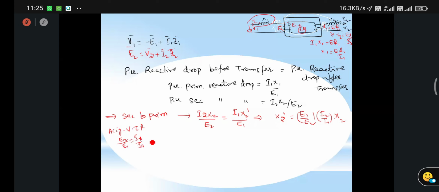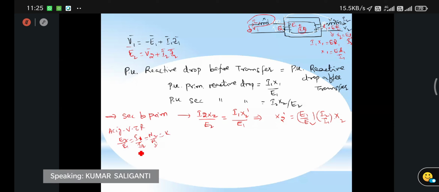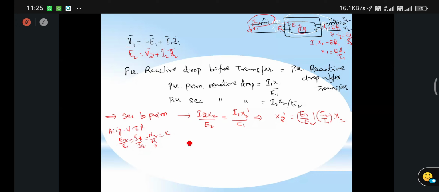N2 by N1 is equal to K. So E2 by E1 equals K and I1 by I2 equals K. But here we have E1 by E2 and I2 by I1, so this is 1 by K into 1 by K into X2. Finally you get X2 by K square.